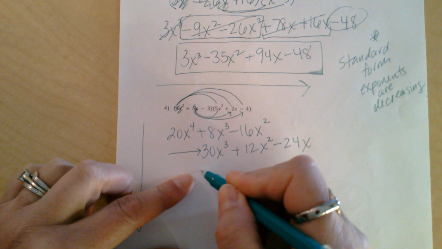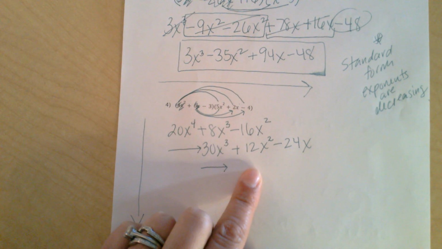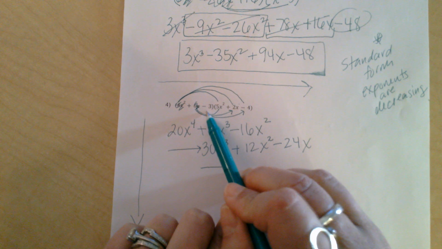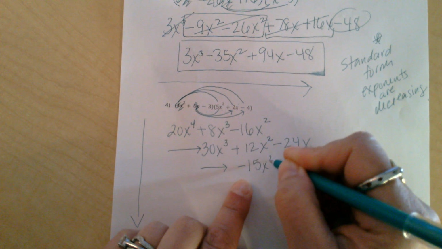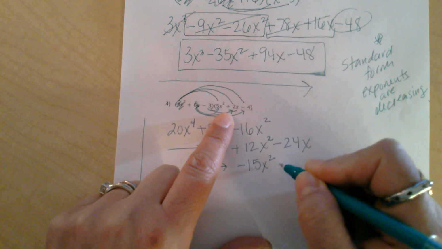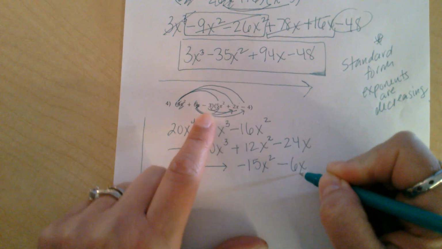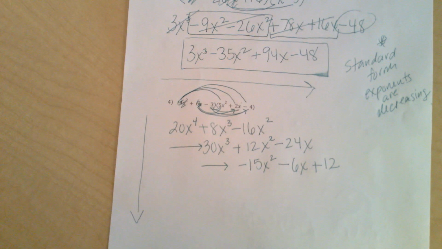So again, we're going to just move in one more, and we're going to do negative 3 times 5x squared is negative 15x squared. Negative 3 times positive 2 is negative 6x. Negative 3 times negative 4 is positive 12.